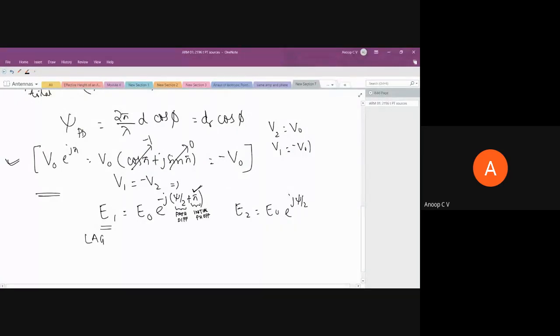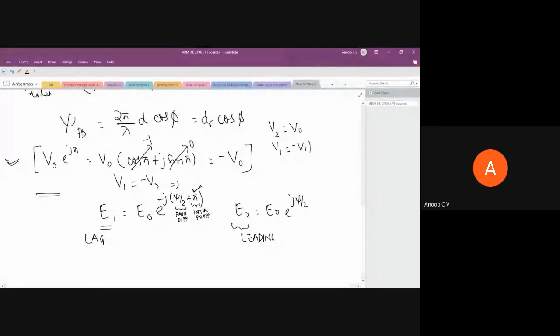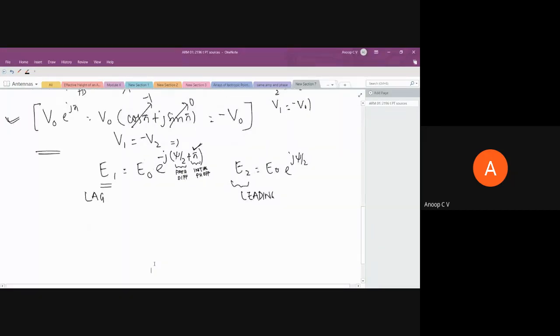But E2 is simply leading the phase reference. So the phasor field due to radiation 1, E1, is equal to E naught e power minus j psi by 2 plus pi, where the minus psi by 2 is due to the path difference, and the pi is the initial phase offset.